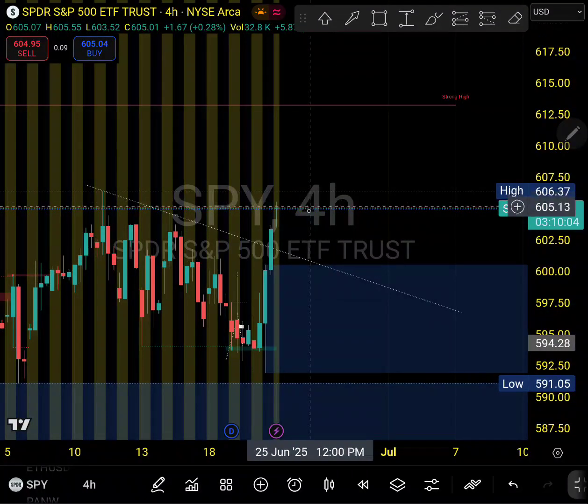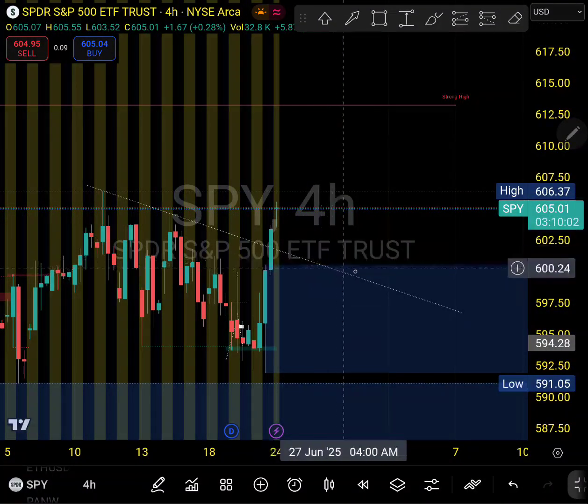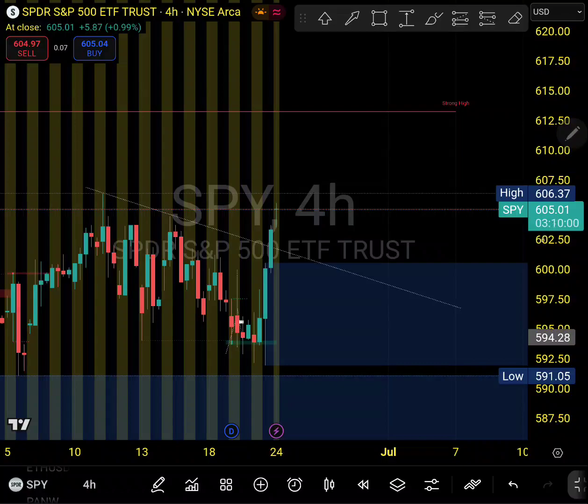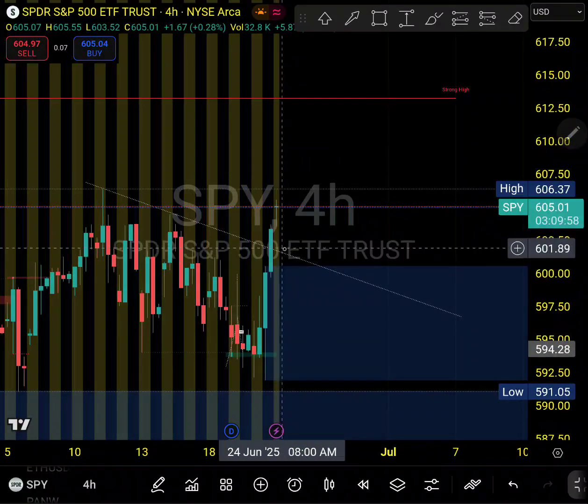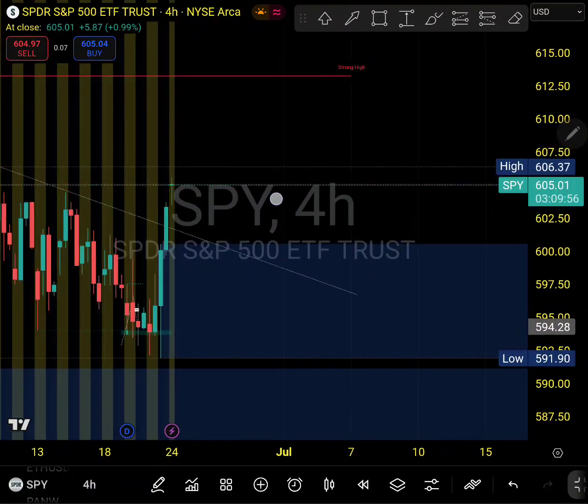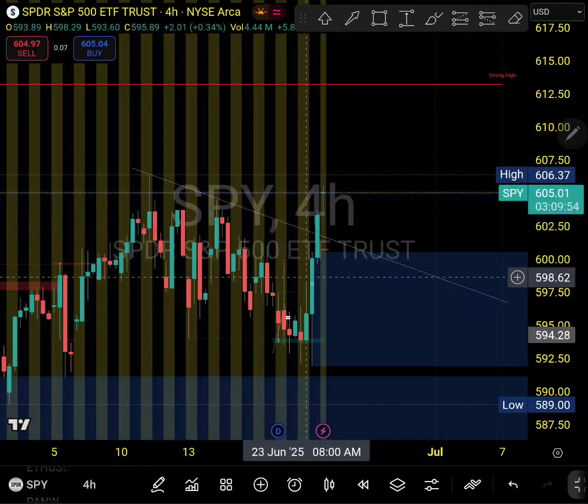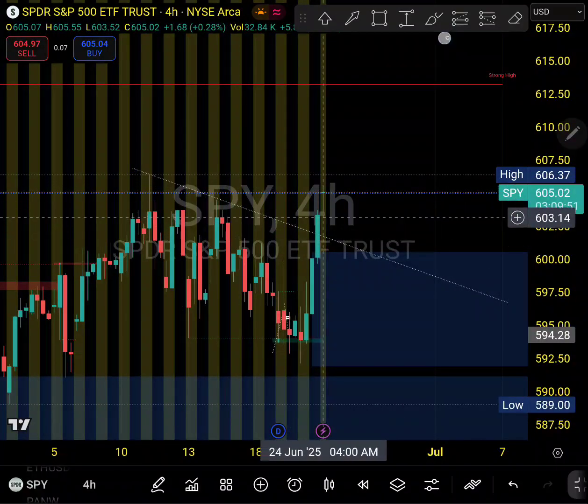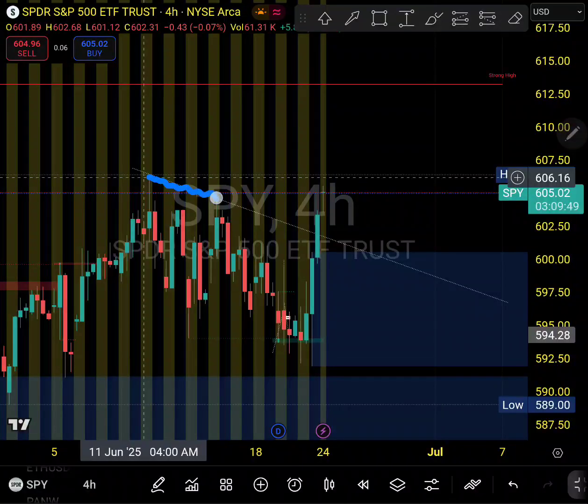And yesterday when the news came out, the market started to rally. It broke this trend line, which was a kind of down momentum for the market.